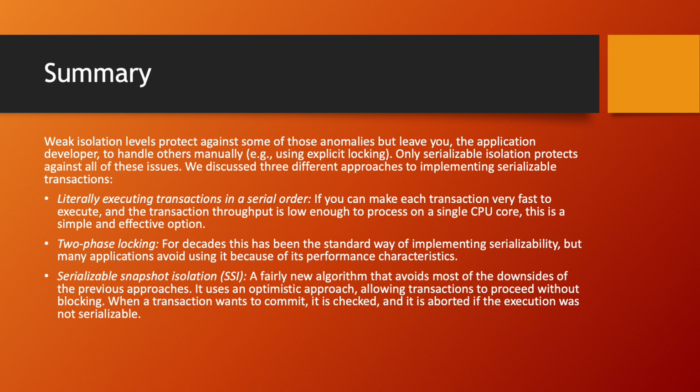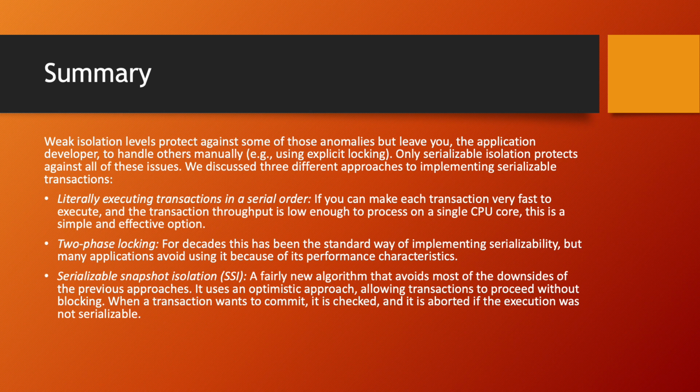Only serializable isolation protects against all of these issues. We discussed three different approaches to implementing serializable transactions. The first is literally executing transactions in a serial order. If you can make each transaction very fast to execute and transaction throughput is low enough to process on a single CPU core, this is a simple and effective option. Second is two-phase locking. For decades, this has been the standard way of implementing serializability, but many applications avoid using it because of its performance characteristics.